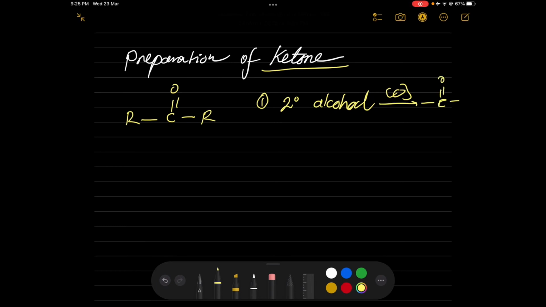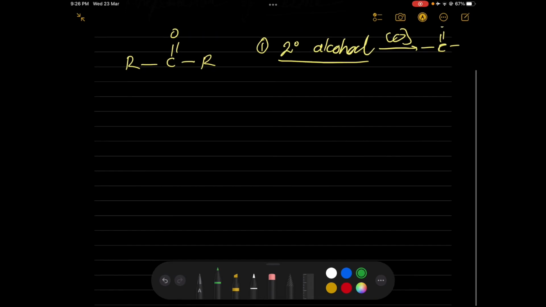So what is the oxidizing agent? Is it possible to oxidize the ketones further, like aldehydes? Let's start. We're going to start with a normal secondary alcohol, and let's take CH3CHOHCH3.